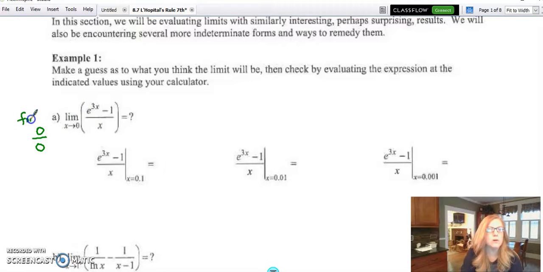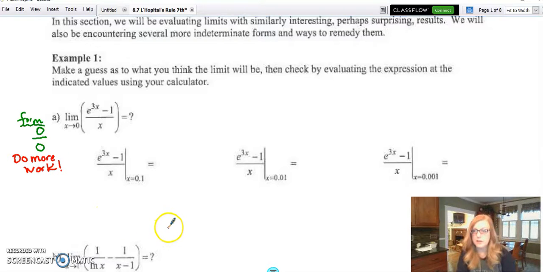So the form of this limit is 0 over 0, which is indeterminate, which remember for everything that we've done in calculus, I'll put this in red, means do more work. That we need to figure out a way to calculate what these limits are. Now, I'd like you to think about this using algebra techniques first.